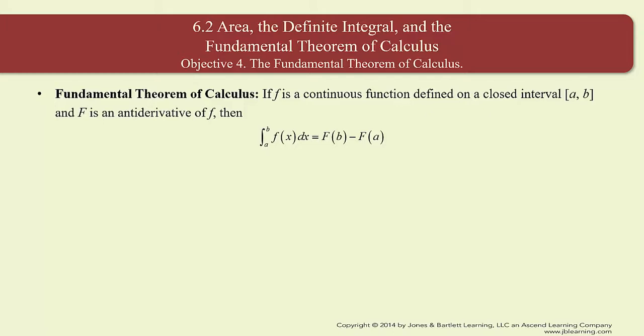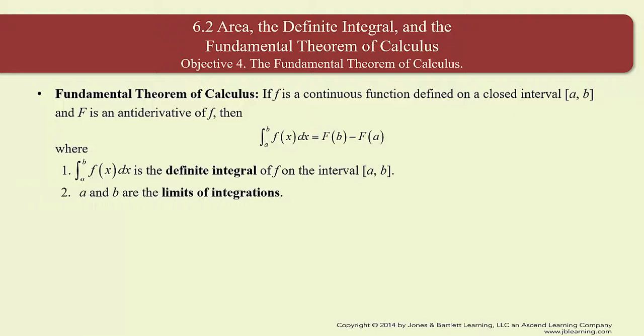In other words, get an antiderivative. That's what big F is, and you're just going to evaluate the antiderivative at b minus evaluating the antiderivative at a. The definite integral from a to b of f of x dx is the definite integral of f on the interval a to b.